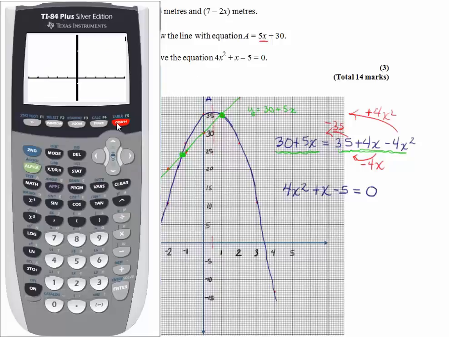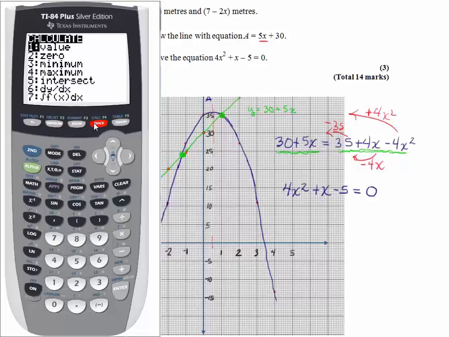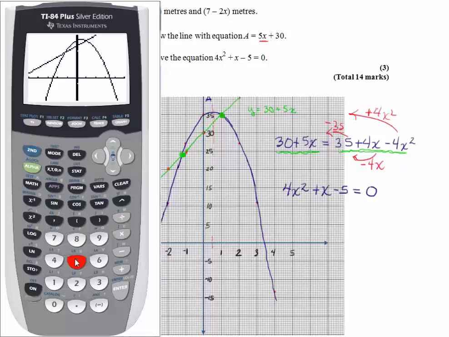So I have the two equations in my calculator, draw the graph, and I'm going to calculate the intersection. Just remembering that the steps for calculating the intersection are second calc, or second trace, and intersect.